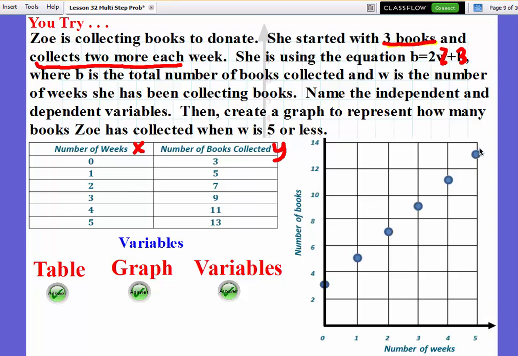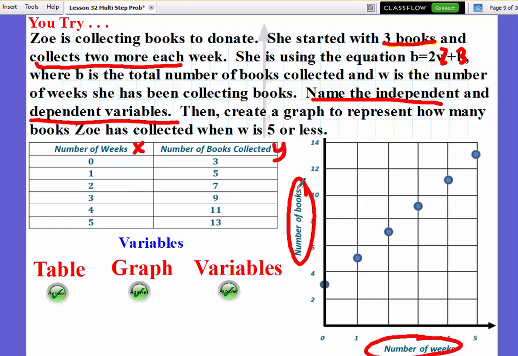Here I have 5, 13, which comes from here. So my last question is, name the independent and dependent variables. Which one is my independent? Which one is my dependent variable? X-axis is my independent. Y-axis is my dependent.